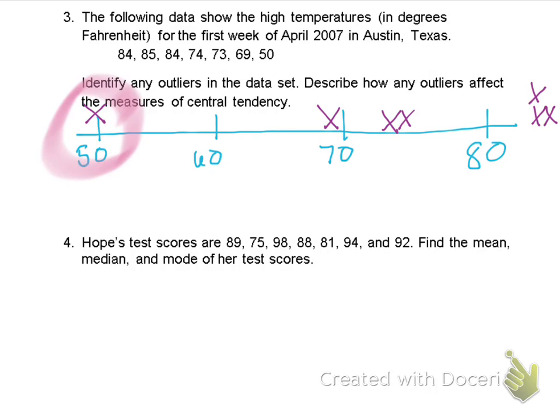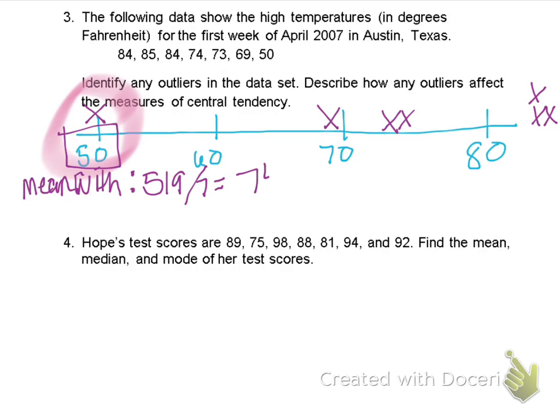So we'll start with the mean. So if I add up all these values, I want to specify that this is the mean with the 50, the outlier. So I add them all up and it equals 519, and I added 7 numbers including the 50, so divide by 7, and that equals about 74, rounding to the nearest whole.